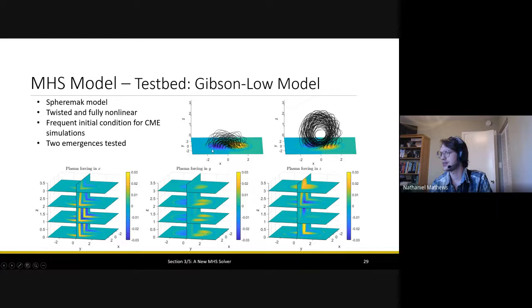There's one where it's sort of barely sticking out of the photosphere, and there's one where sort of the whole sphere Mach structure is sticking out of the photosphere. This is the plasma forcing we'll be imposing for the more evolved case. So you can see kind of that the plasma forcing has some information in it about what the magnetic structure is, but the magnetic structure of the Gibson-Low model is nonlinear and twisted and much less smooth than the plasma forcing is.